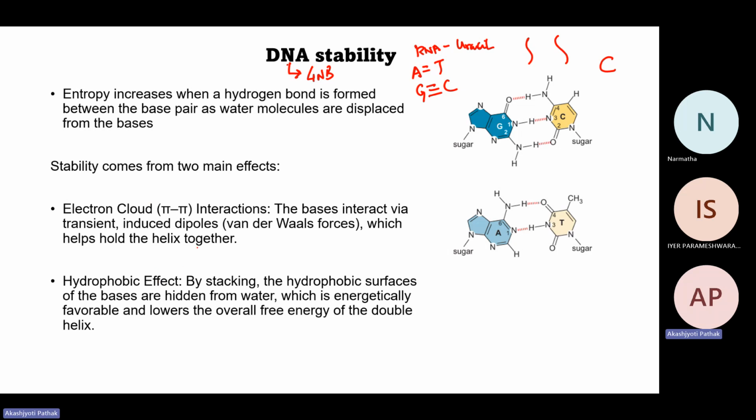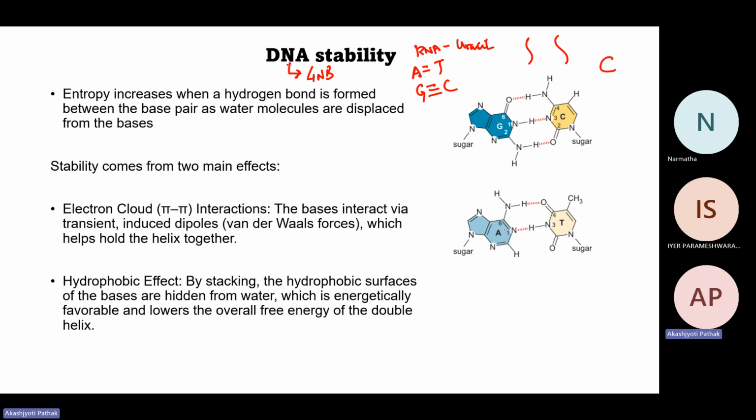So what is the hydrophobic effect, or stacking interaction? One base pair stacks over the other base pair, and this stacking of nitrogenous bases is possible because of the hydrophobic effect. By stacking, the hydrophobic surfaces of the bases are hidden from water, which is energetically favorable and lowers the overall free energy of the double helix.